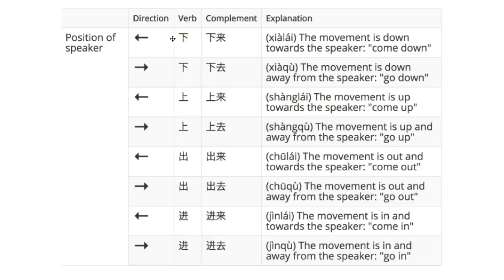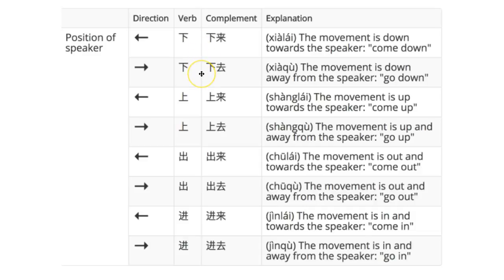If I add a lai after any of these verbs, it means I'm doing something towards the speaker. If I add a qu, it means I'm doing something away from the speaker. For example, if I say 下来, that means come down, right? Like you're upstairs, and I want you to come down, 下来, and then you come down toward me.